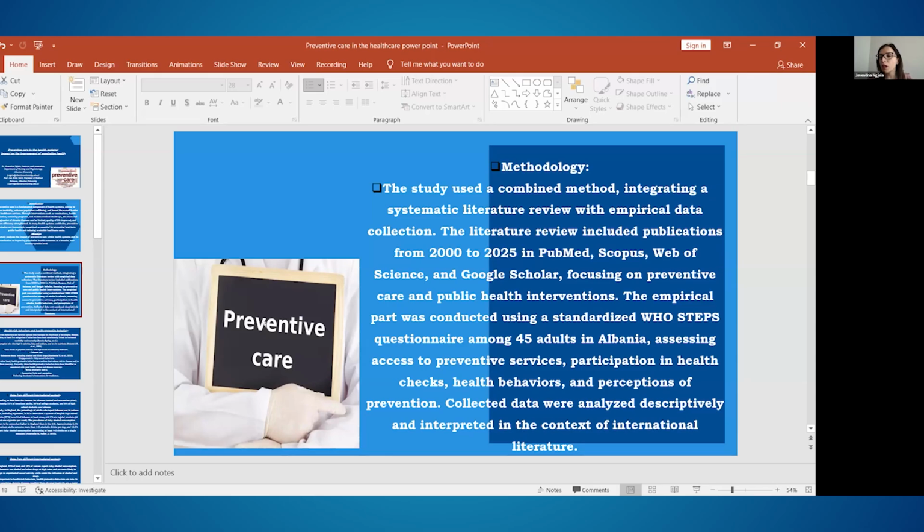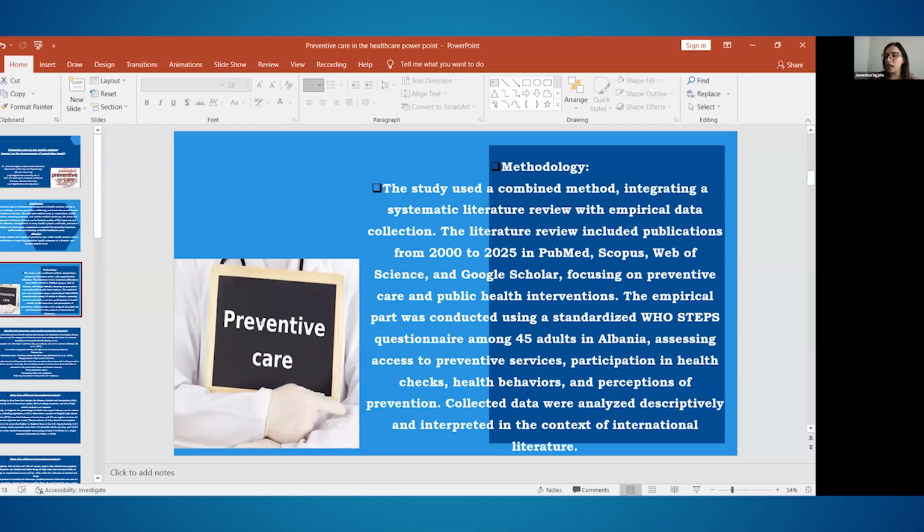We have also realized one study that is still continuing at this moment, but to present at the conference, the number of persons that filled the questionnaire is 45.